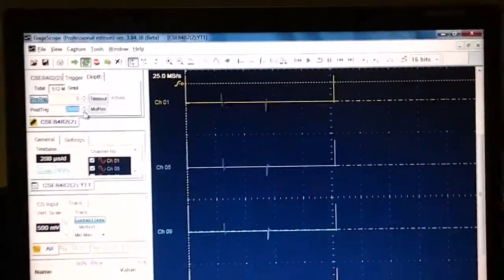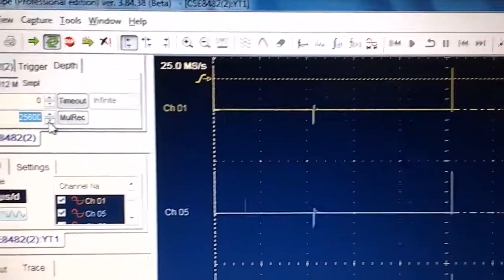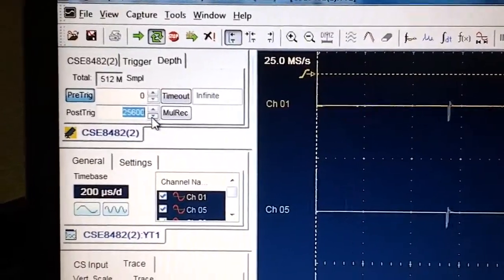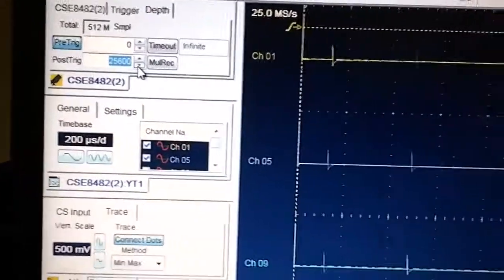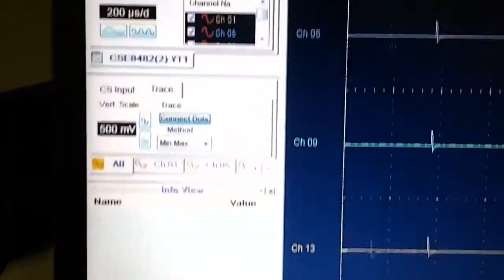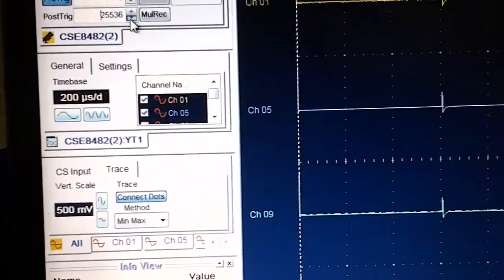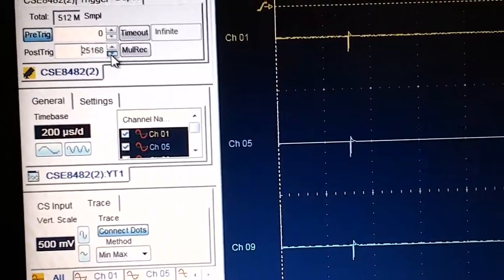Here we've backed off the number of points that we take after each trigger so that we just marginally see the next trigger. We've been able to do that with around 25,600 points. So what I'm going to do is back the depth off now to 25,000 so that we don't get that next trigger, but we just miss it.